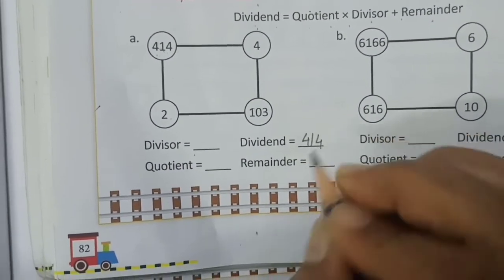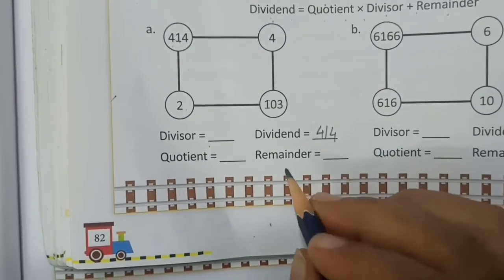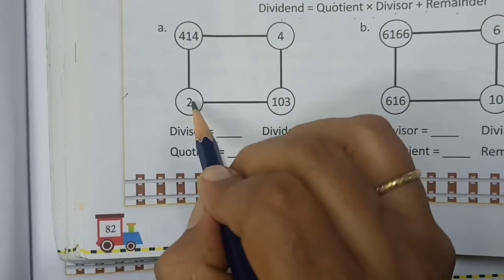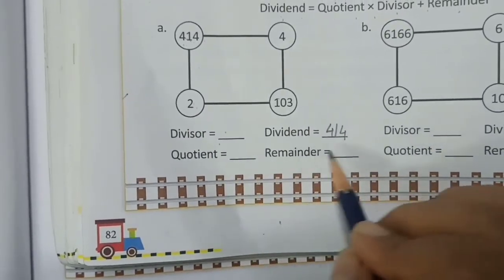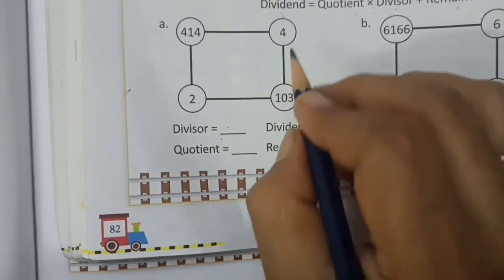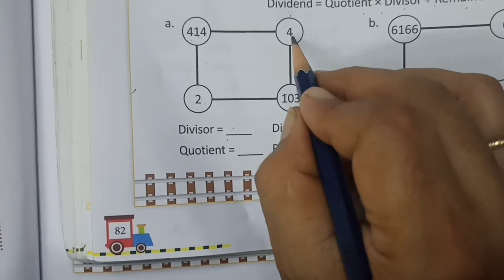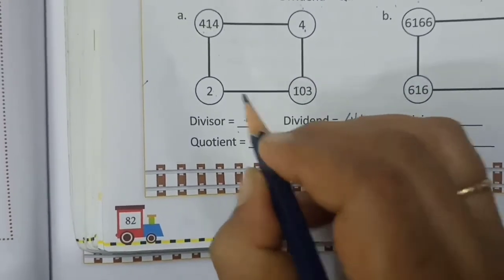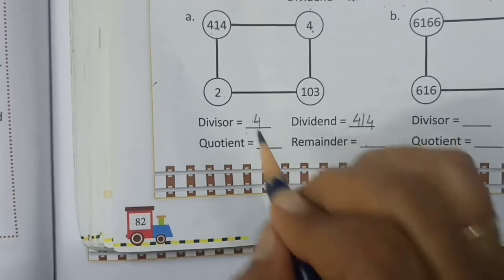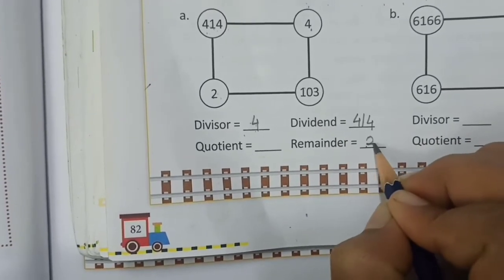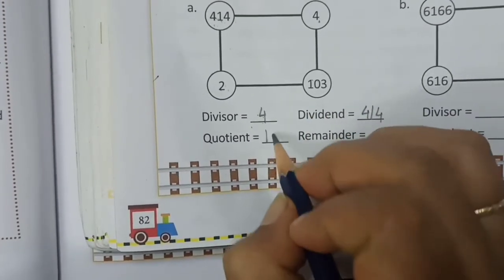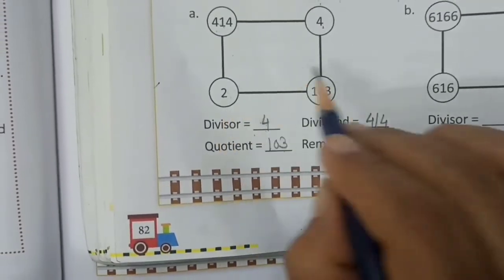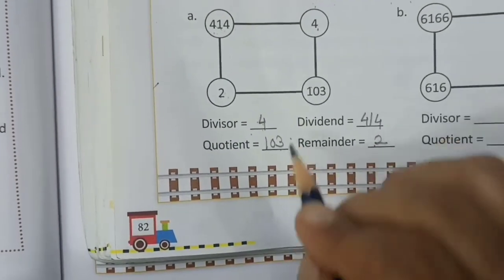Okay, now see the remainder, which is divisor, quotient and remainder. Yes, see, this 4 will be the divisor, and you know the remainder is always smaller than the divisor, so the remainder will be 2, and this 103 is the quotient.